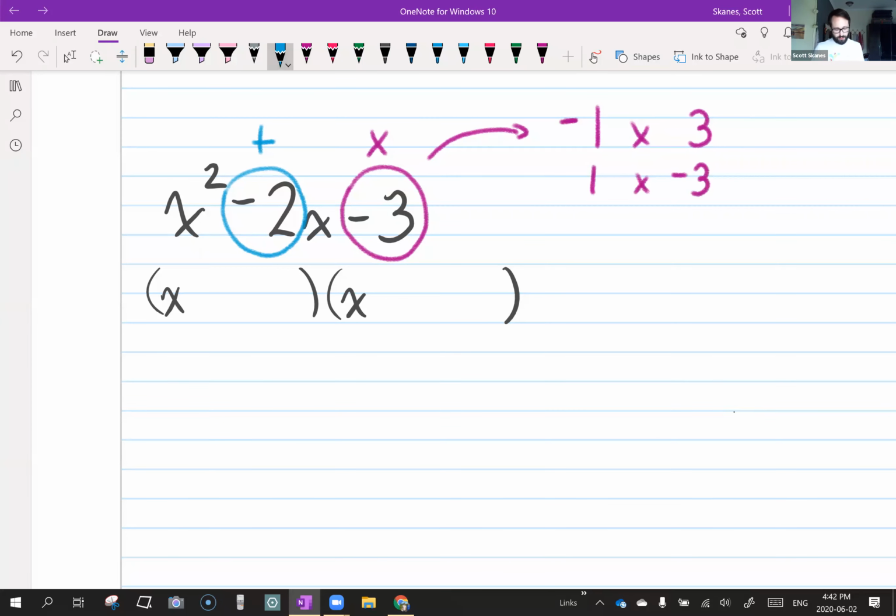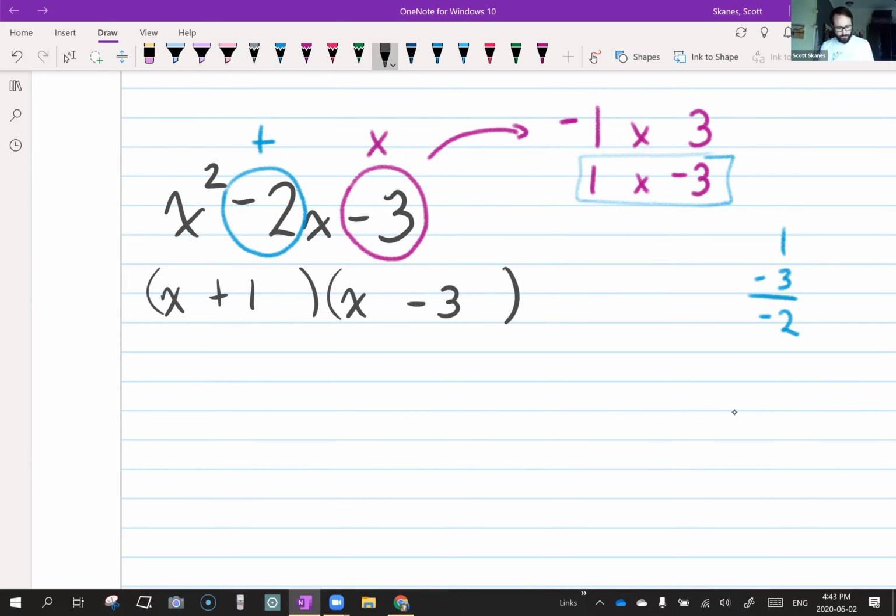Which combination here, this one or this one, is going to add to -2? Well, this one, because 1 plus -3 is -2. So that's the combination you need to take. A +1 and a -3.